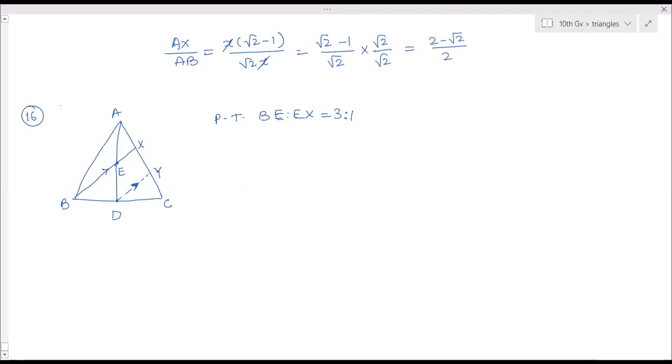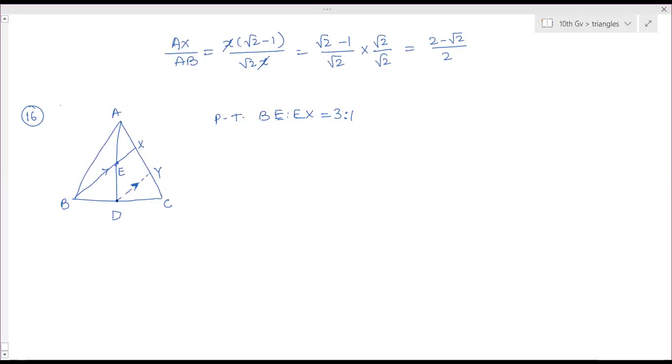By which triangle are you considering? CY by YX is equal to CD by DB.